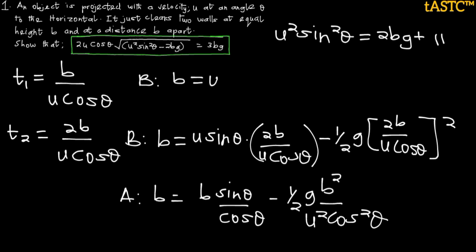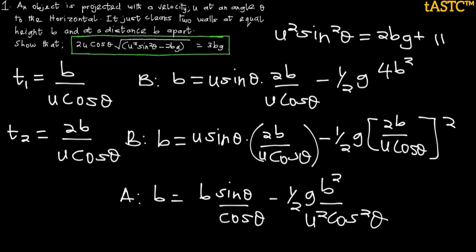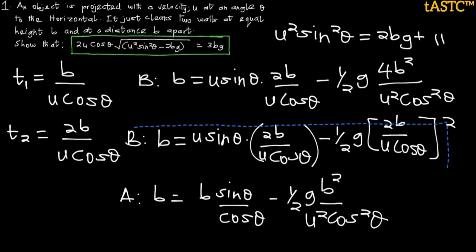So b is going to be equal to u sine theta, and here we're going to have a 2b divided by u cos theta. That will be minus 1 over 2 g. And here we're going to have a 4b squared, because we got a 2 multiplied by everything which is on top there, which basically is going to give us a 4b squared. And then that will be divided by u squared cos squared theta. So that is what you're going to have for the second case.